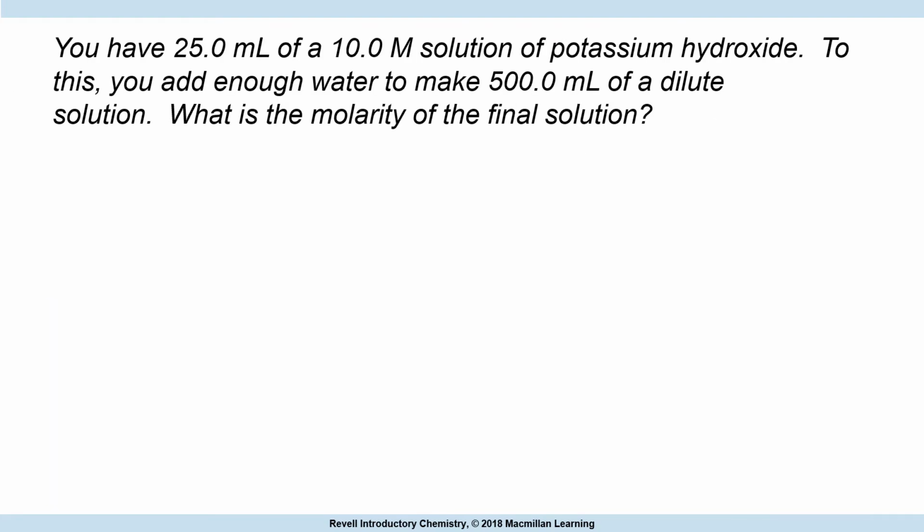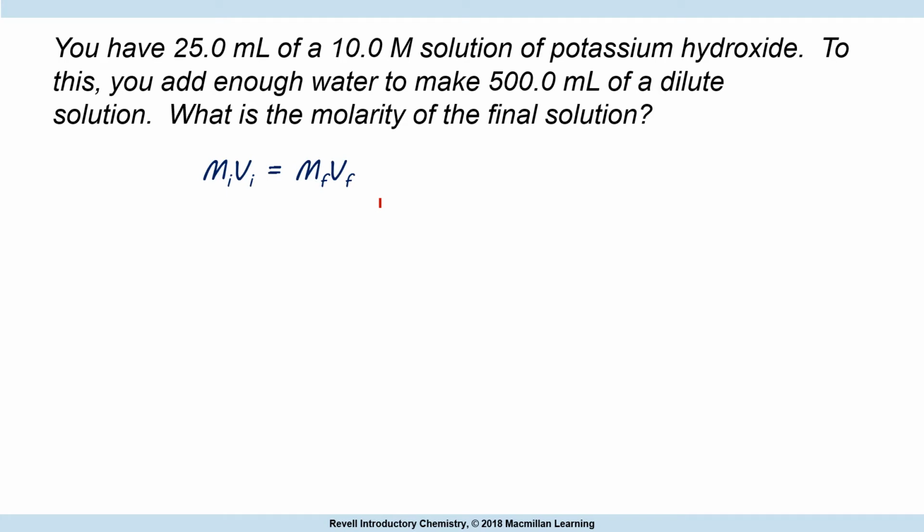Okay, so let's see, we have 25 mL of a 10.0 molar solution of potassium hydroxide. You add this to make 500 mL of a dilute solution. What's the molarity of it? So we're going to use that formula.